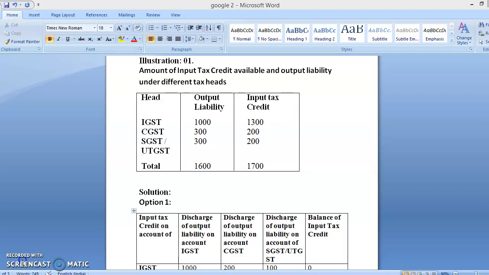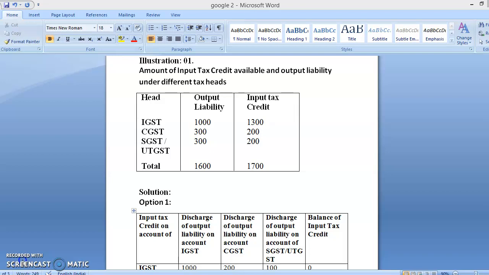CGST or SGST credit can be utilized only after IGST has first been utilized completely. So, in this section, we can make two important points clear. First and foremost, IGST credit has to be utilized first to set off IGST tax liability.